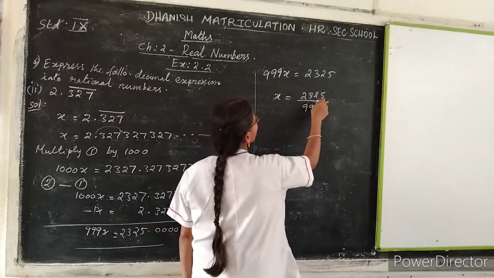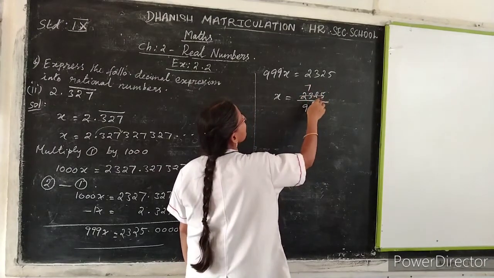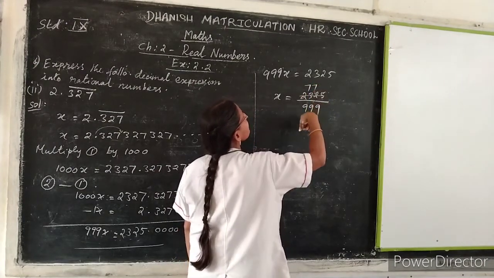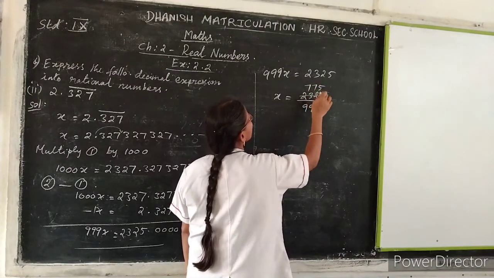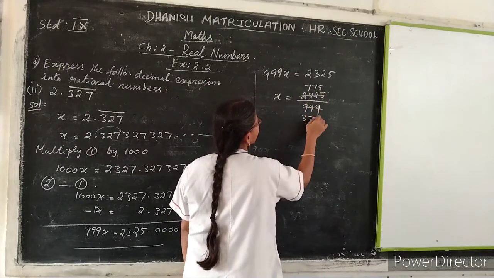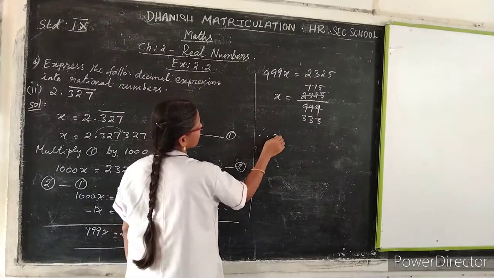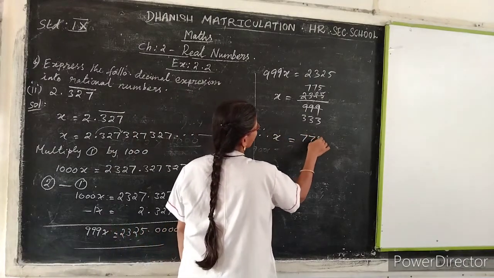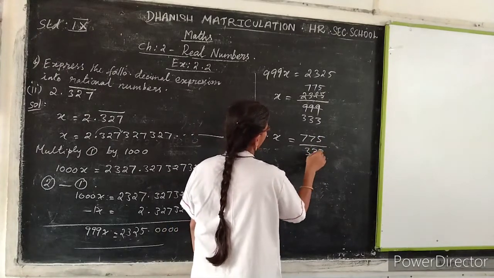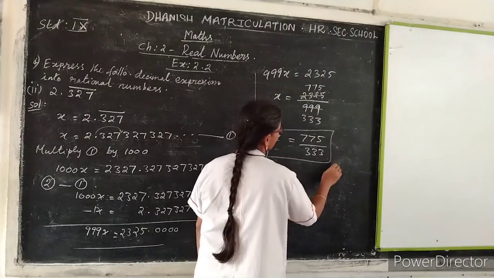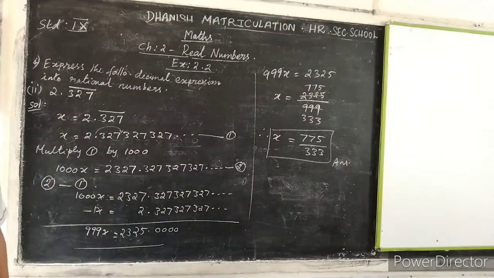The 3 table is going. 7 3s are 21, balance 2. Again 7 3s are 21, balance 1. 5 3s are 15. Here 3 3 3. So therefore x is equal to 775 divided by 333. This is the rational number for the given decimal number.